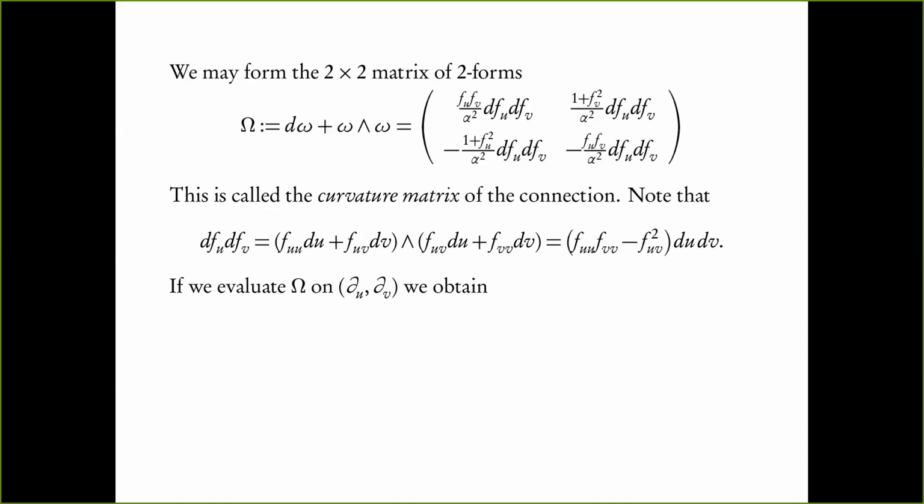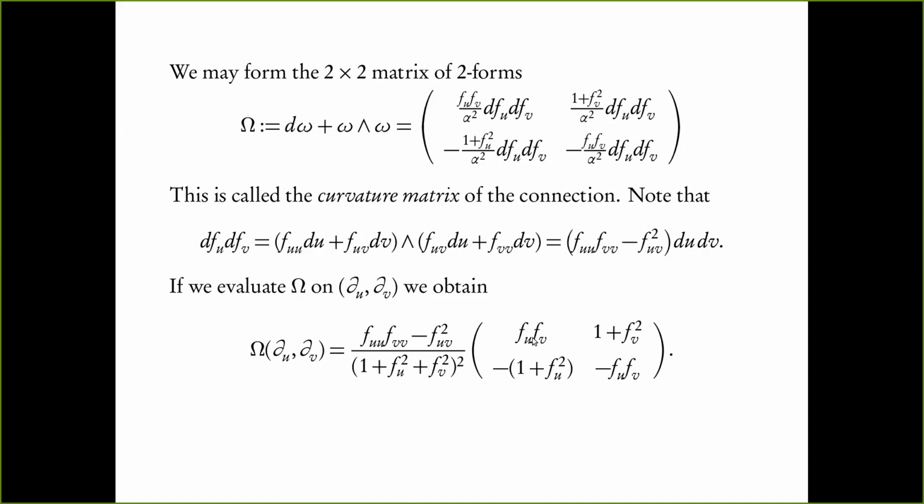So let's do that. Let's evaluate omega on del u, del v. Remember, when I evaluate omega on del u, del v, I'll be evaluating dfu, dfv on del u, del v, which means when du, dv acts on del u, del v, that simply gives me 1. So I'll simply get 1 here. This term goes away. I'll get 1 here. I'll get 1 here. Along with this factor, of course.